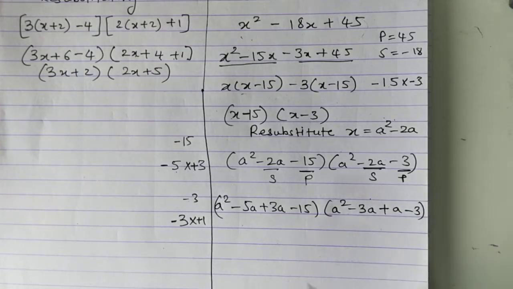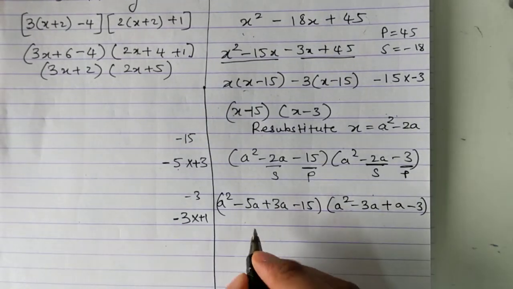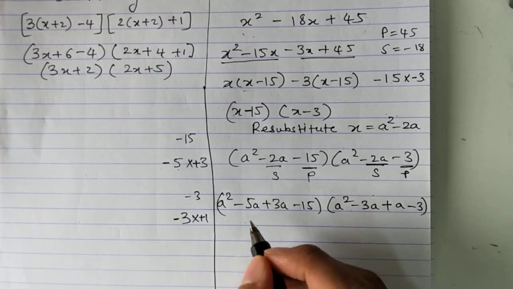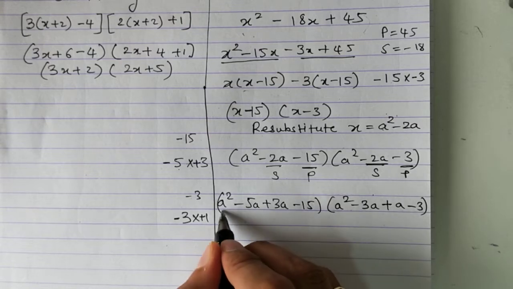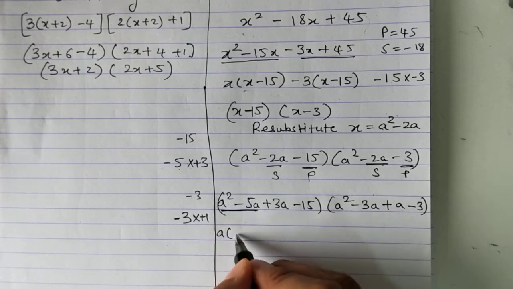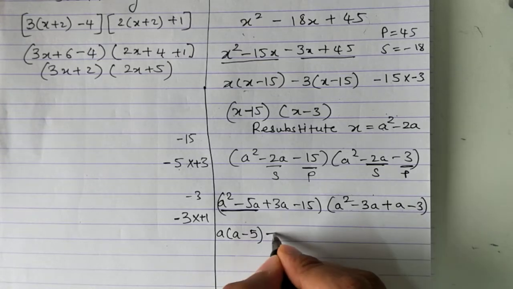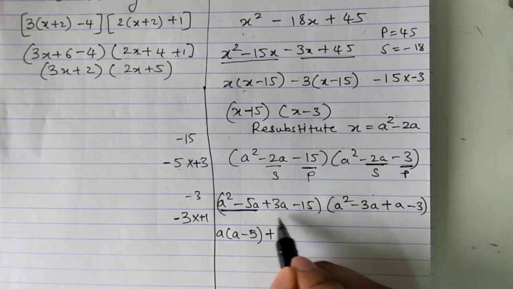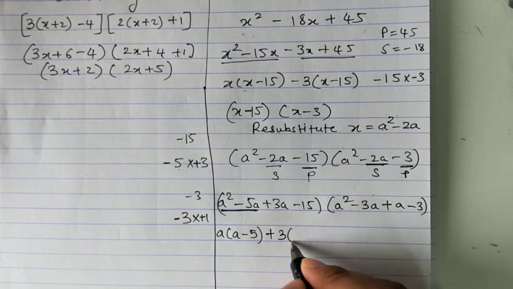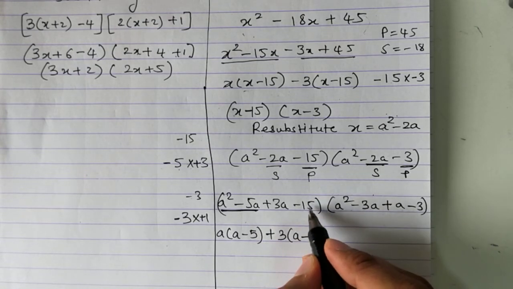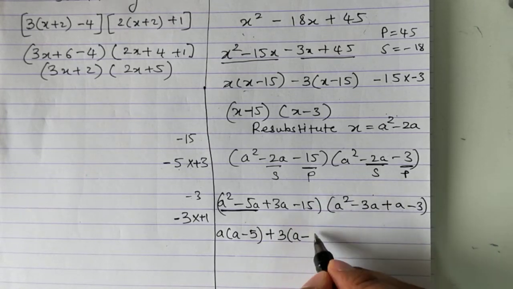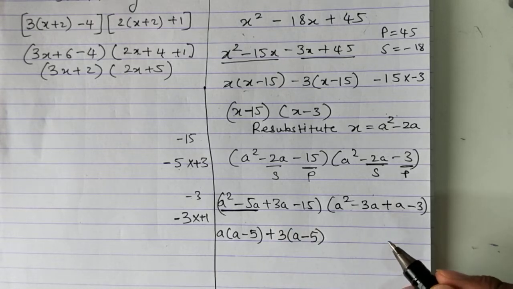Okay, now let's take common. So here I will take a common in these two terms. So what will remain in bracket? A minus 5 plus, here I will take 3 common. A minus 15 divided by 3, because 3 is taken common. So 15 divided by 3 is 5.